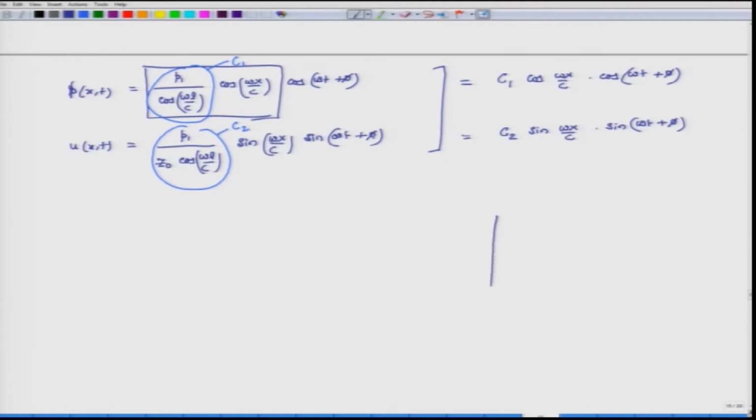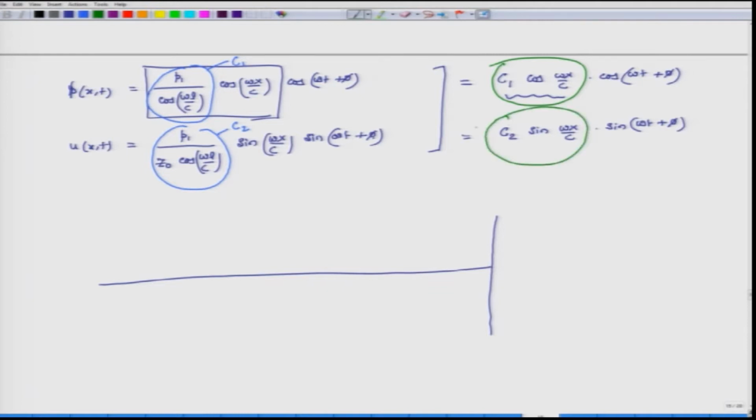Now, what we are going to do is we are going to plot these two terms in green. That is my x axis, and on the y axis I am going to plot the terms in green.